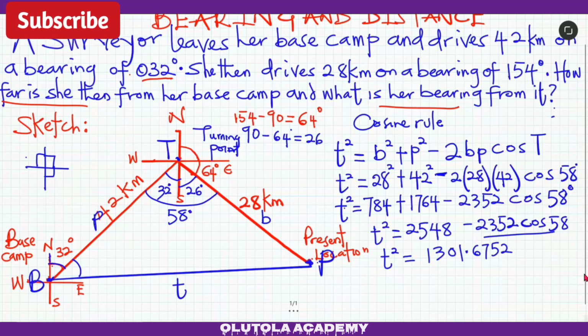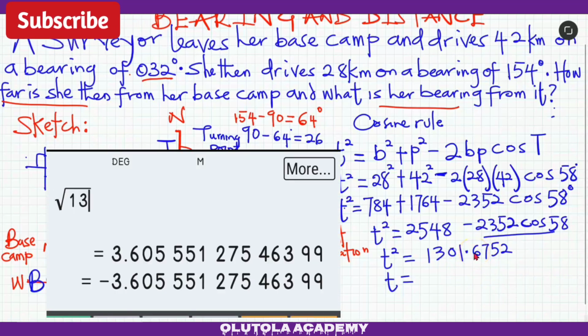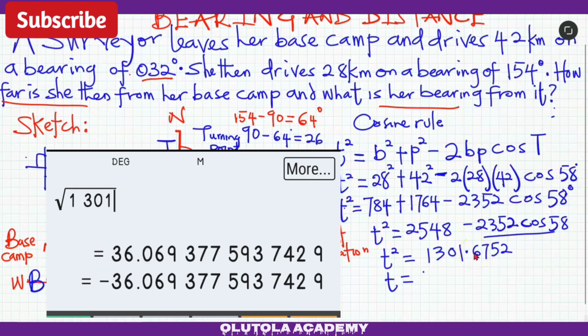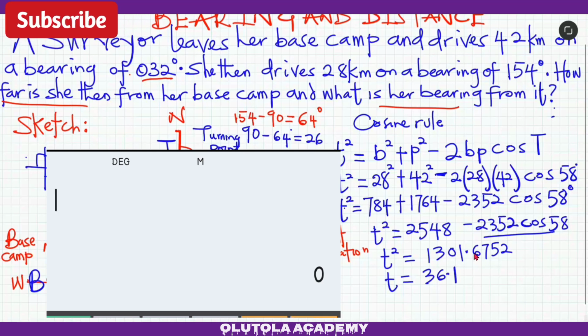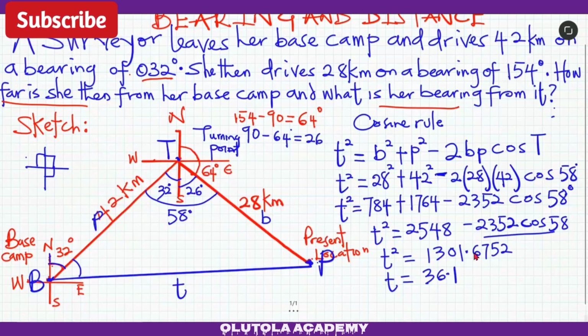So of course, we are looking for t. So t is equal to the square root of 1301, all of this, and we are going to have t to be 36.1, approximately 36 kilometers. So I've answered the first question. She is approximately 36 kilometers from base camp.